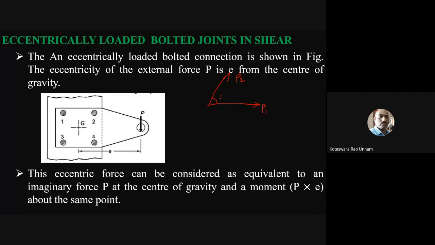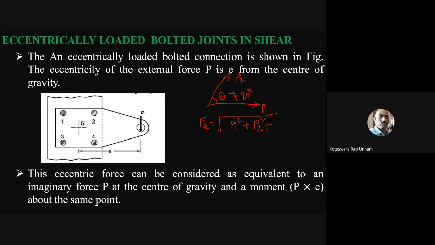Let us say this angle is some theta, which is not equal to 90 degrees. If it is 90 degrees, then your PR, that is the resultant load, is square root of P1 square plus P2 square.